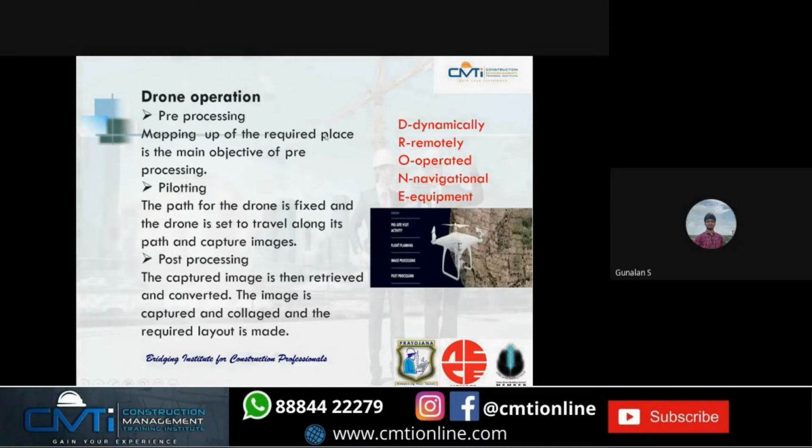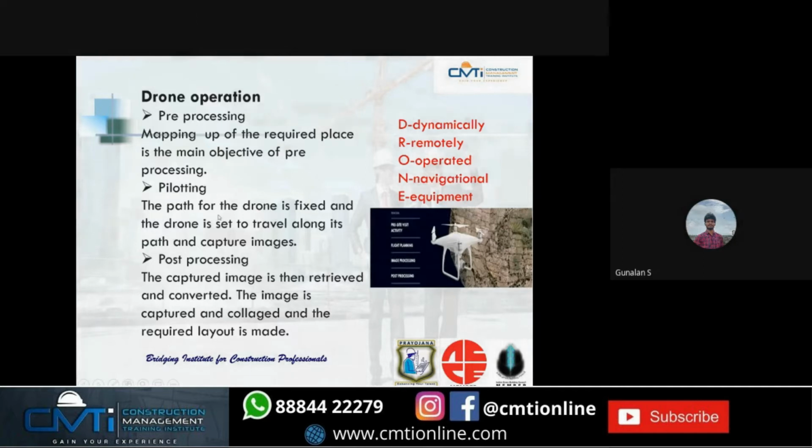Drone operation. Pre-processing is the laying of the plan where the drone has to be piloted. This is an important aspect. First of all, we should locate the place and path where the drone should fly. Next, the piloting. Piloting is an important task and a current trend in the market. In future, drone operation will be a very important skill for civil engineers to learn.